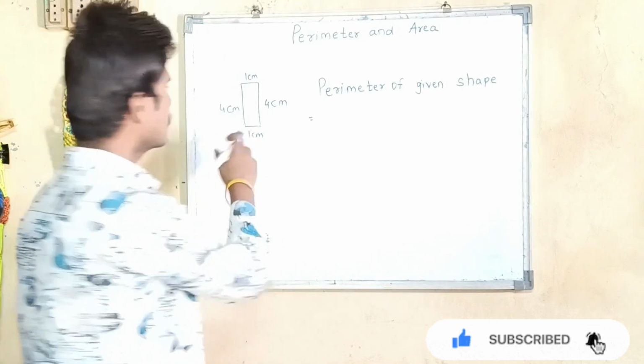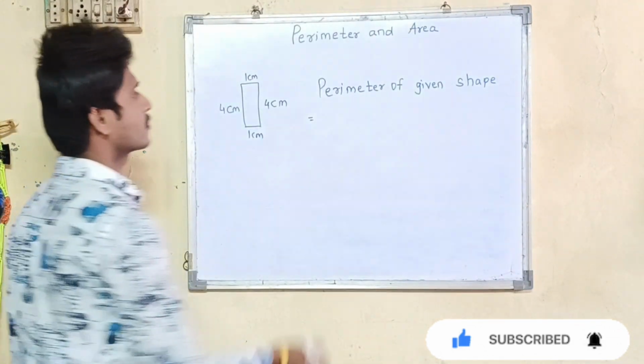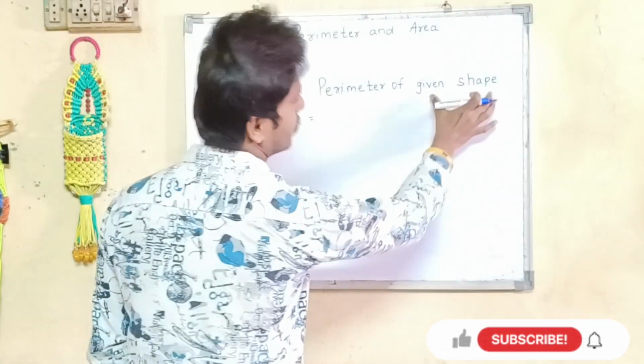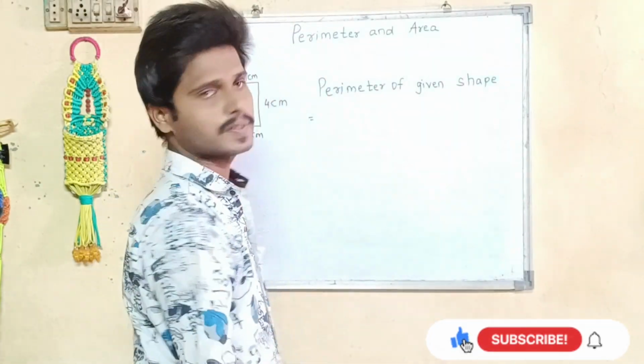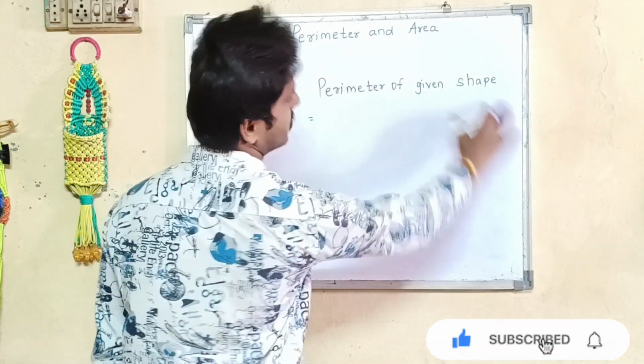So you can see this is the first figure given in your textbook. It is somewhat a rectangle. You can write the given shape, or if you know the shape name, you can write that shape name. I have just written here perimeter of given shape.